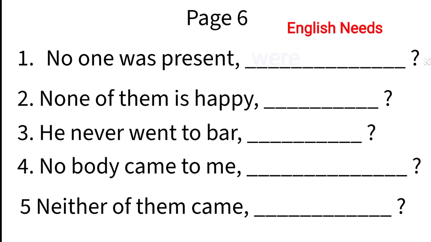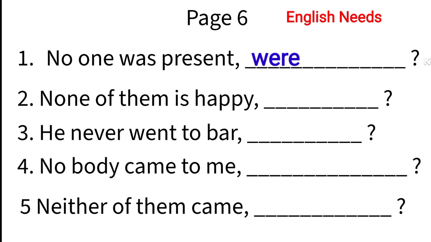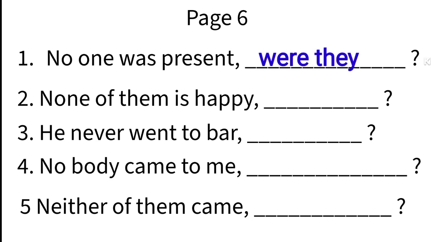Therefore, it becomes were, not was. And naturally, pronoun also will be they. In the same way, none of them suggests that there are more people. So, in place of is, it becomes are. And the pronoun will be they. So, the tag is are they.